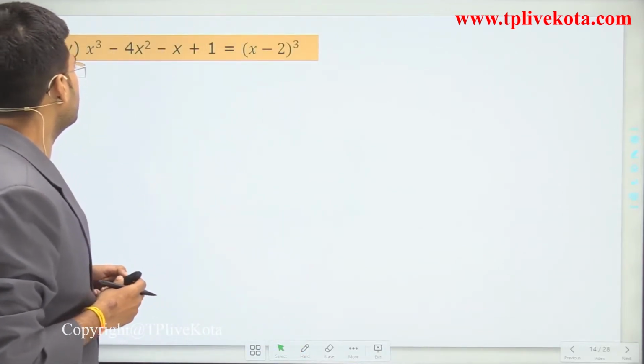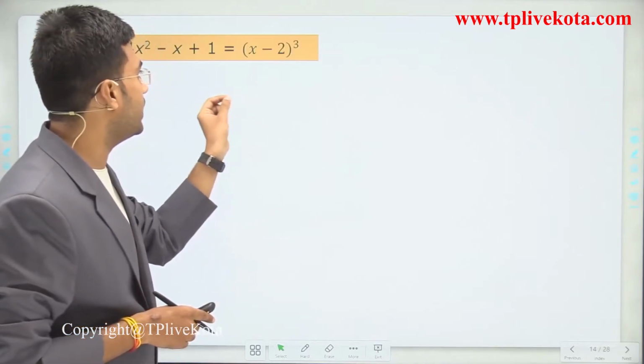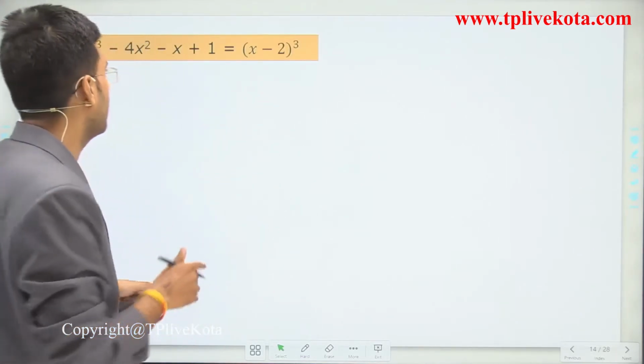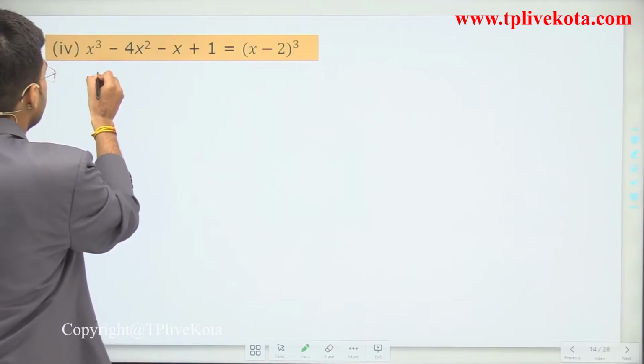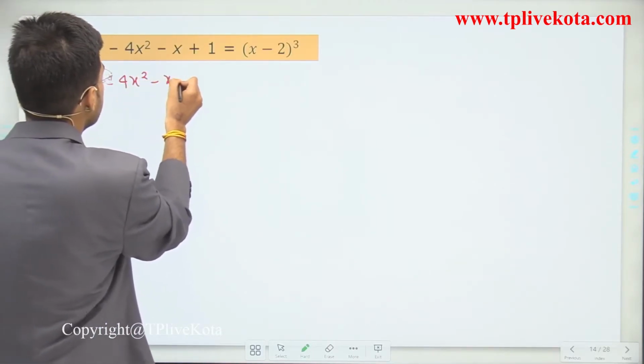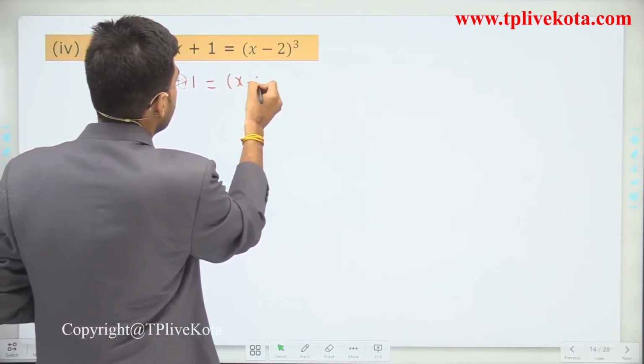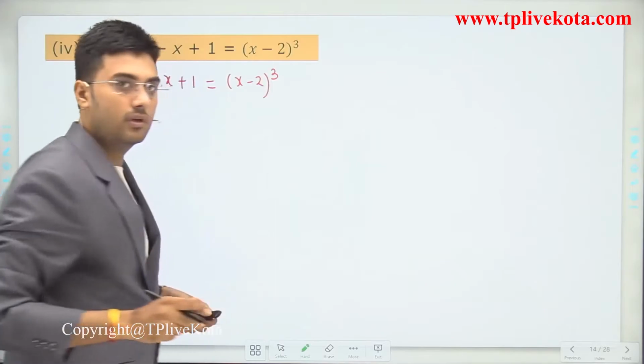x cube minus 4x square minus x plus 1, and it is equal to (x minus 2) whole cube. Clear?